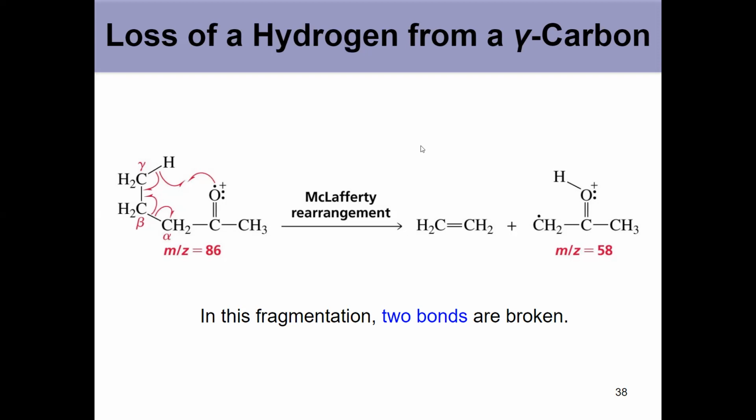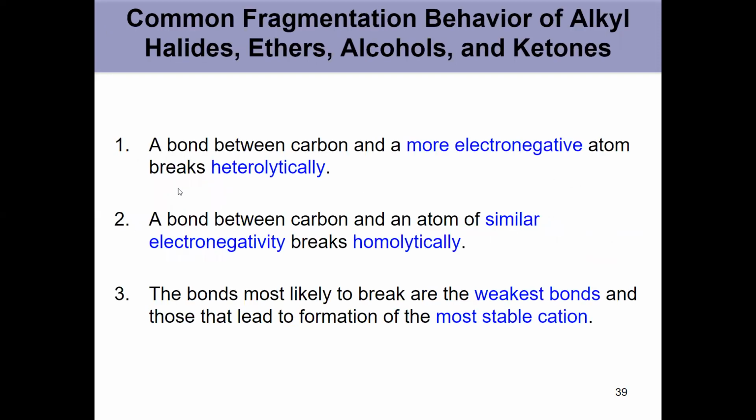So a McLafferty rearrangement. Be familiar with that mechanism. It's a series of homolytic bond cleavages, which is shown here, and all that information that we've mentioned previously is summarized on this slide 39.